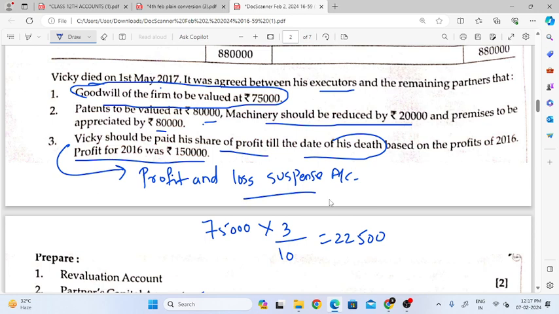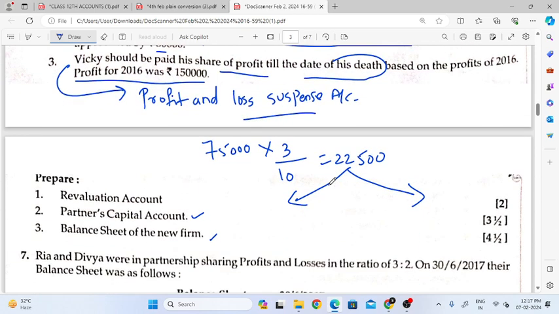So this 22,500 you have to distribute among the old partners, whatever the remaining partners are there, in their ratio. Now the ratio will be how much? 5:2 of the remaining partners. So 22,500 multiplied by 5 divided by 7, then 22,500 multiplied by 2 divided by 7.